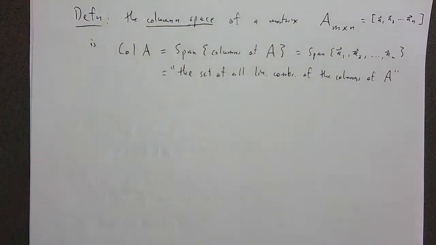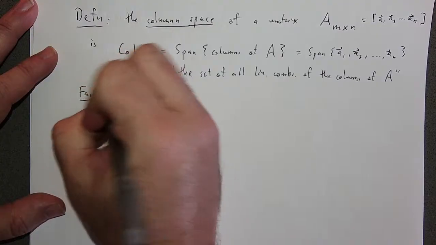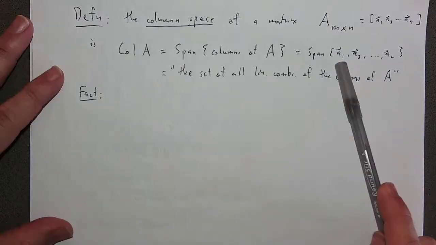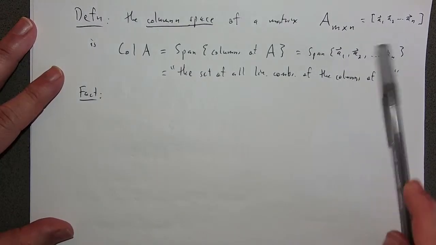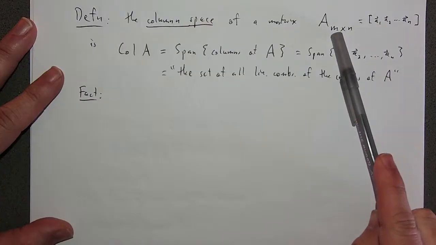Since it is a span, we immediately get the following fact. Just like I said yesterday, the span of a list of vectors is automatically a subspace of the vector space where those vectors live. The columns of A, there are n of them, but they have m entries, so they live in Rm.